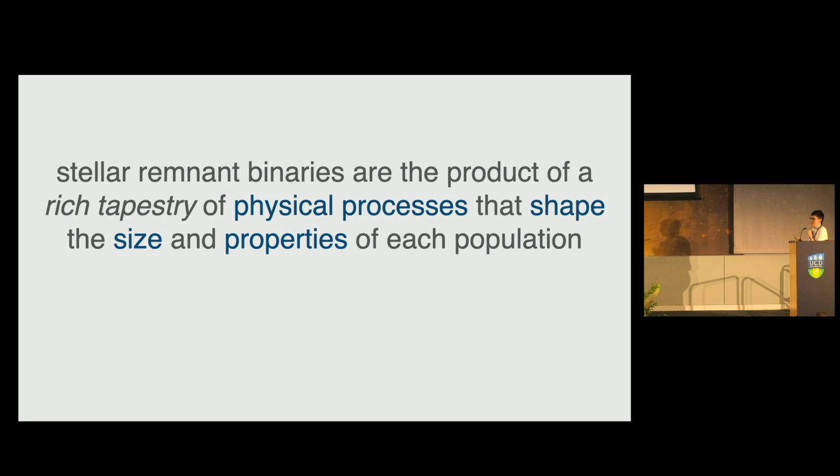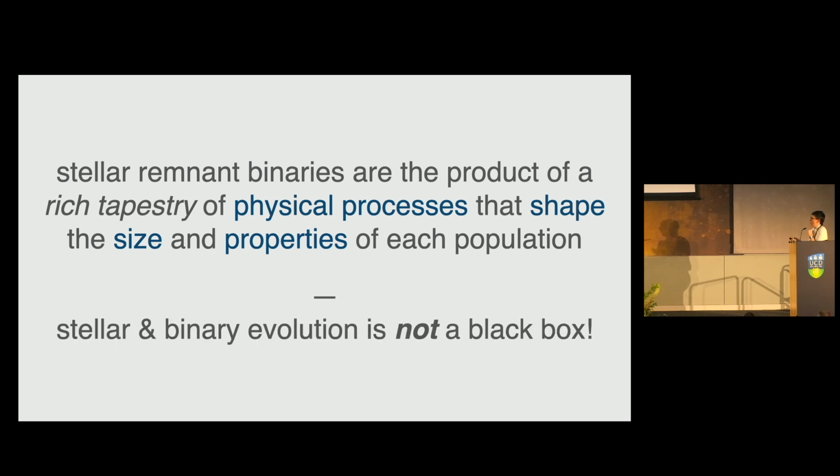However, stellar remnant binaries are the product of many, many physical processes that shape both the size and properties of any given population. And so what I want everyone to understand from this talk is that stellar and binary evolution is not a black box. I think many people, when you hear the words galactic binaries, think this is the foreground.